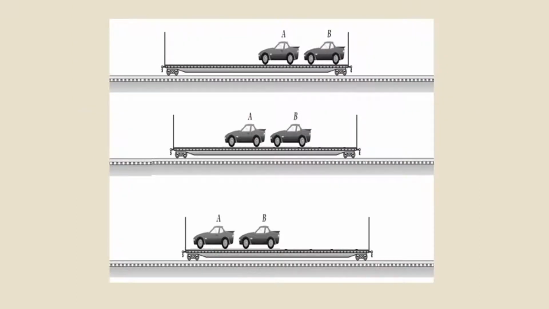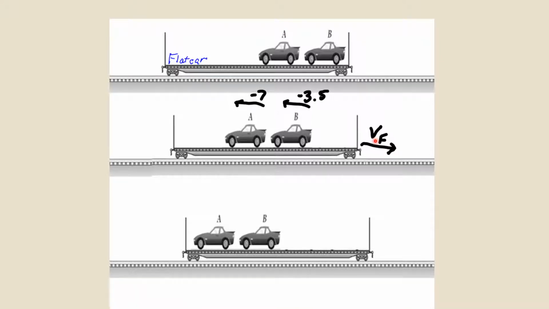Let's draw some pictures: position A, position B, position C. They start on the right, the cars are driving to the left, and at the end they're over here at the end of the flat car. If we drew the center of mass for this system, would the center of mass change?